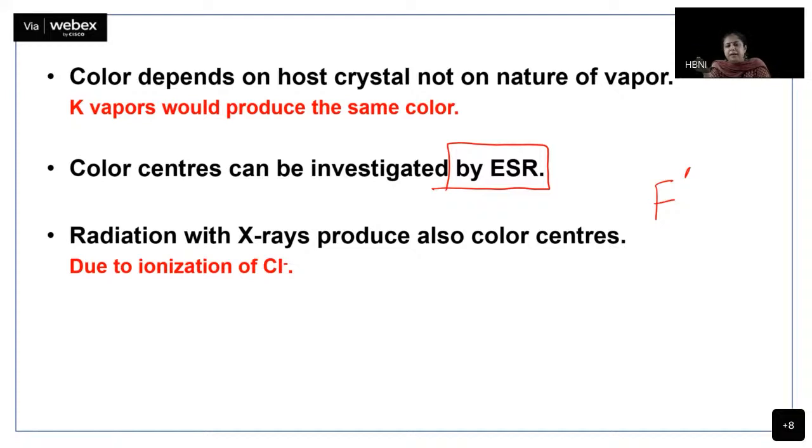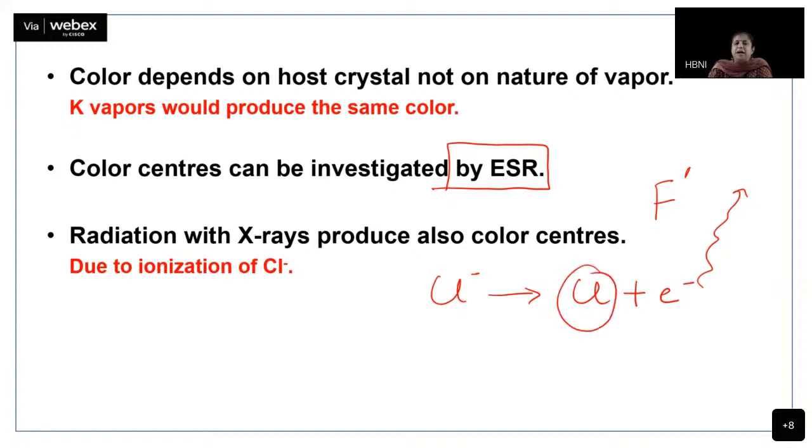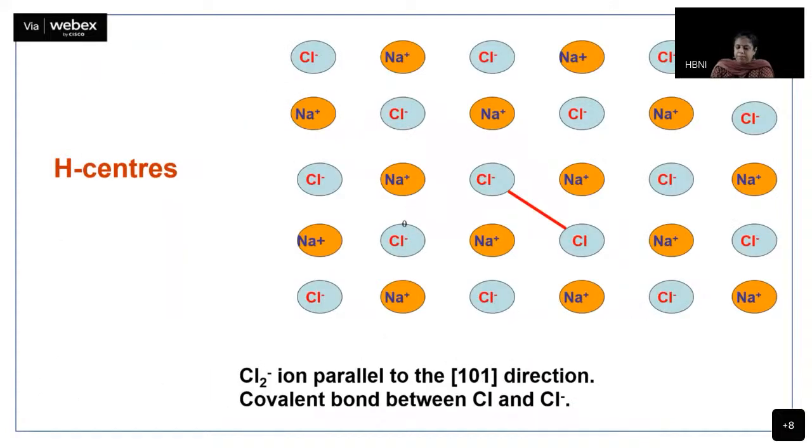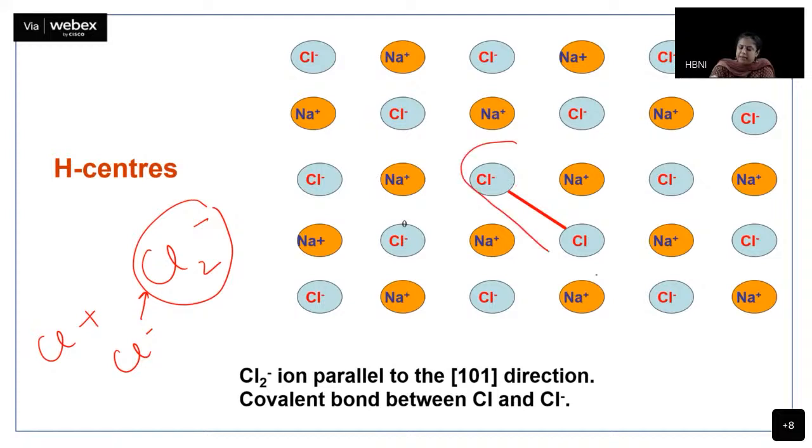Now, sometimes when you irradiate your material by radiation, it could be X-rays, it could be gamma rays, or another high energy radiation, the chloride ion gets ionized to produce a chlorine atom and an electron. These electrons drift away in the material and occupy an anionic site. This chlorine atom forms a covalent bond with a chloride ion present in the NaCl or KCl lattice, forming a chloride molecular ion, Cl2 minus. This molecular ion occupies two lattice sites.